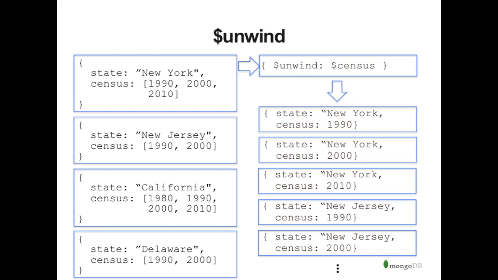I end up with 2 copies of the New Jersey document because there's 2 values in the census field. And I would end up with 4 copies of the California document because it has 4 values in the census field. So the unwind operator essentially enables you to expand out your documents by eliminating the array, and then you can use something like a group to perform some calculations like I just did.